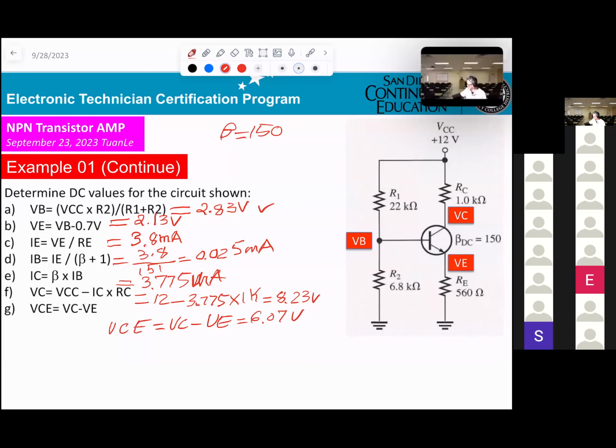So that is the DC calculation. Hopefully later on, if you need to do a calculation for DC, it will be no problem. That will be good for technicians and also very basic for engineering.